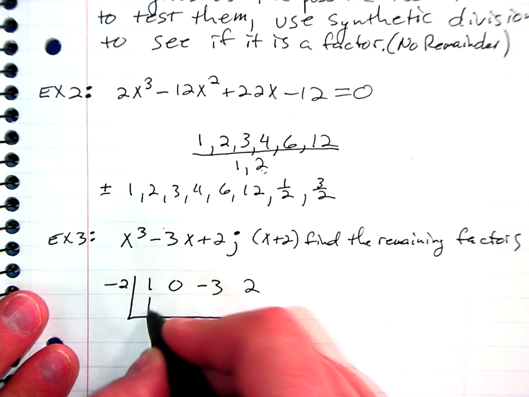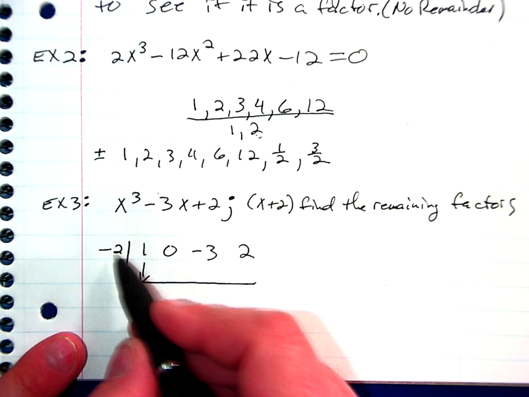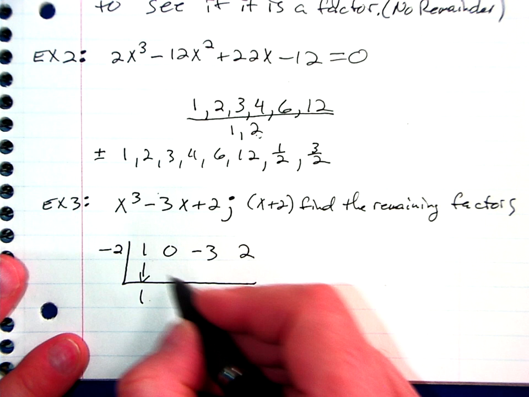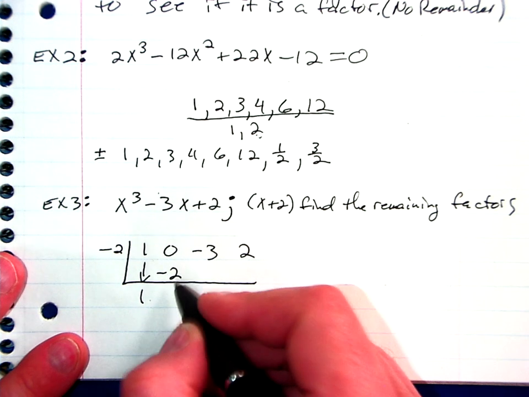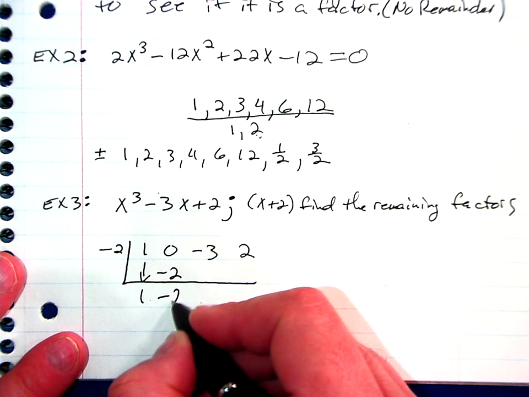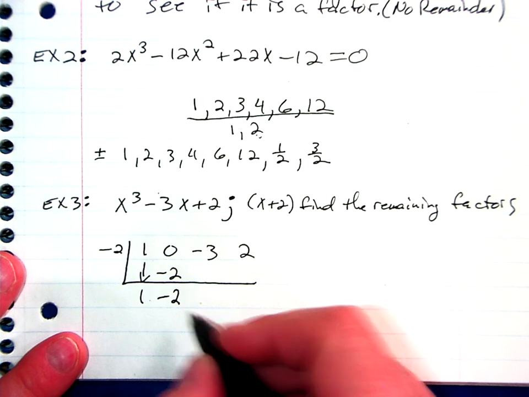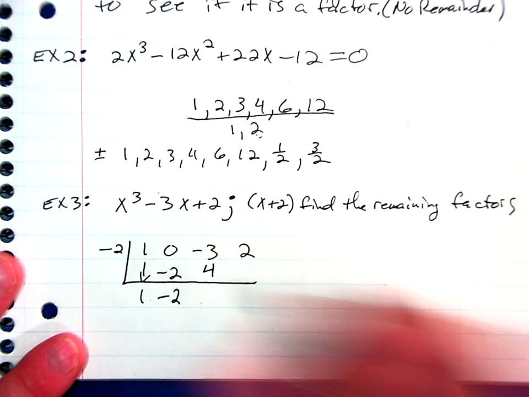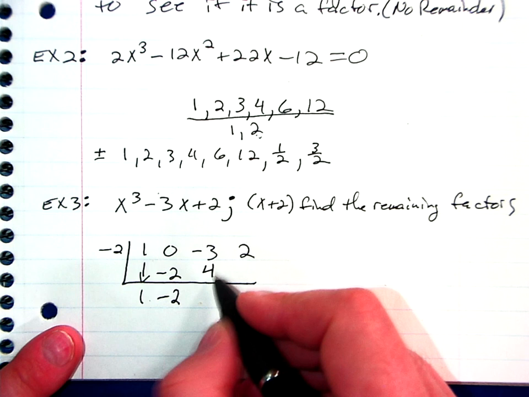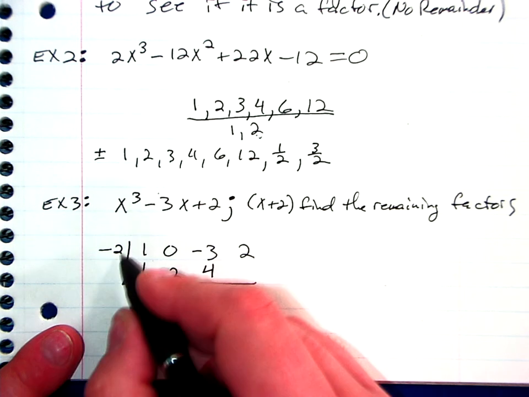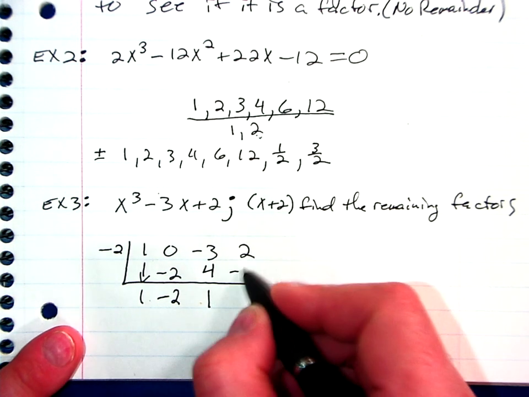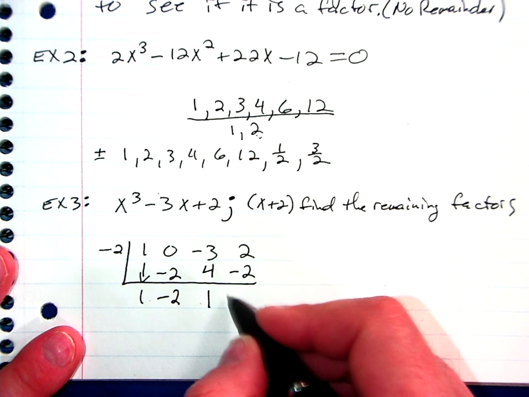All right, the 1 just drops down, and as Jonah correctly told us a few minutes ago, we multiply. -2 times 1 is -2. 0 minus 2 is -2. -2 times -2 is 4. -3 plus 4 is 1. -2 times 1 is -2. 2 minus 2 is 0.